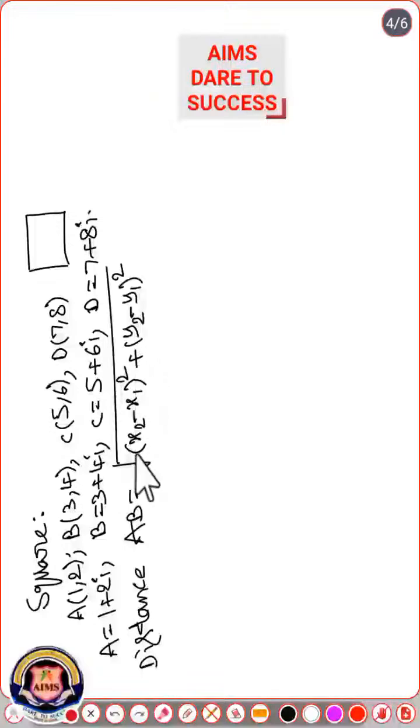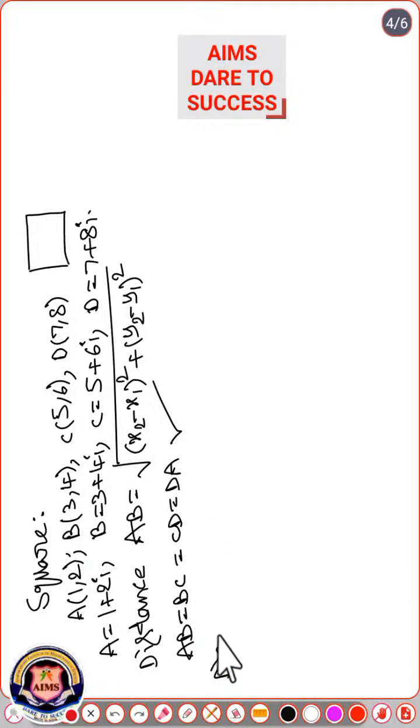By using this concept, to get a square we should take all sides equal, that is AB is equal to BC is equal to CD is equal to DA. Later the diagonals must also be equal, that is AC is equal to BD.